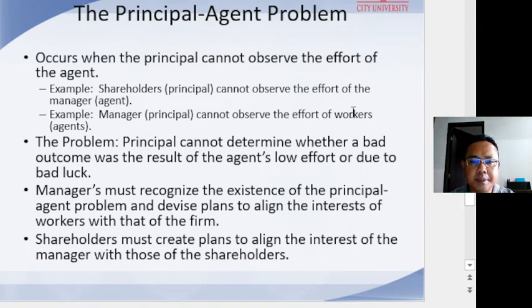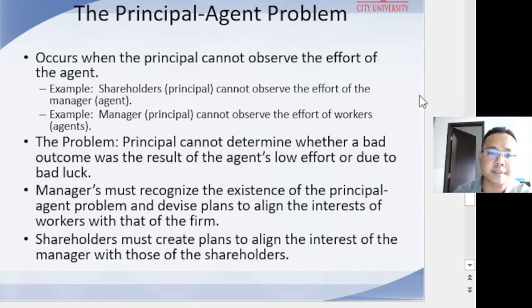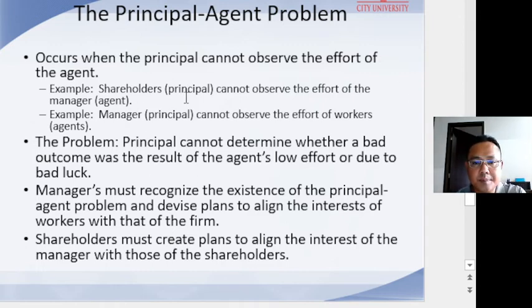The principal agent problem occurs when the principal cannot observe the effort of the agent. For example, shareholders, or principal, cannot observe the effort of the manager, or agent, in this case.